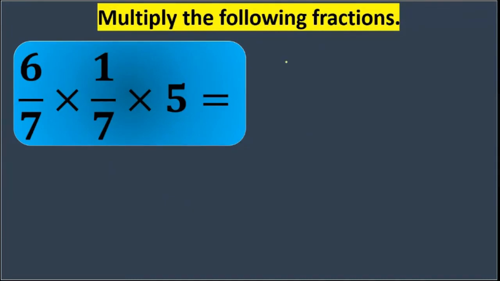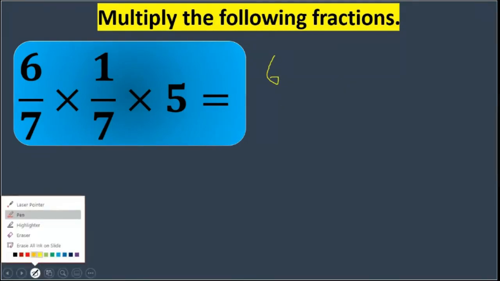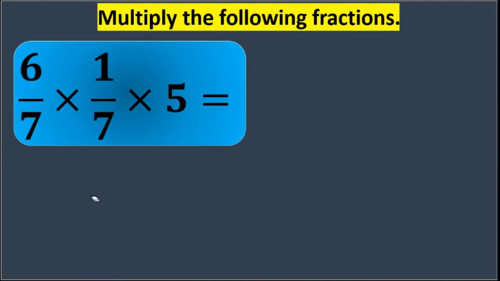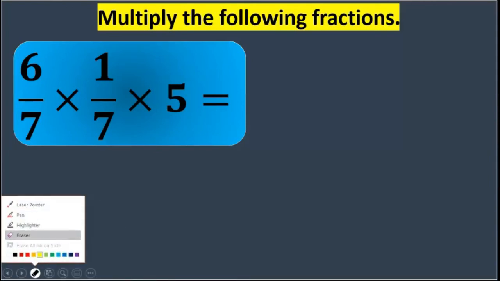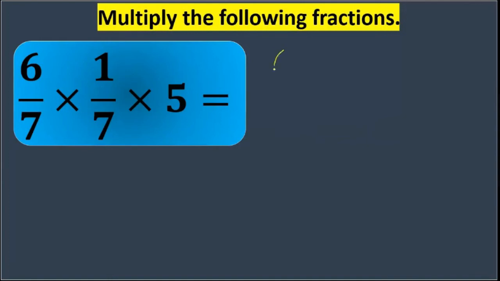Same procedure. Don't worry, even if it gets longer and longer. This is what we will do. Just write it. Copy it. I will ask you, what is now the denominator of 5? Very good.